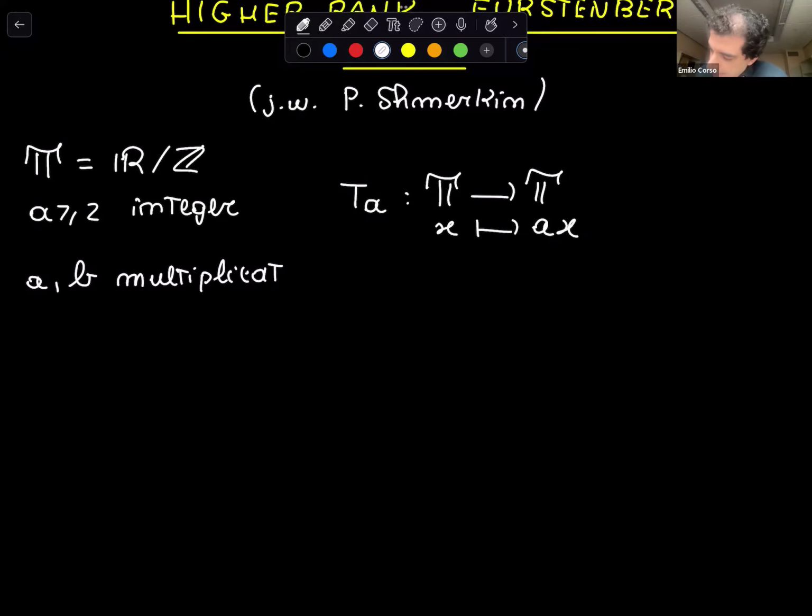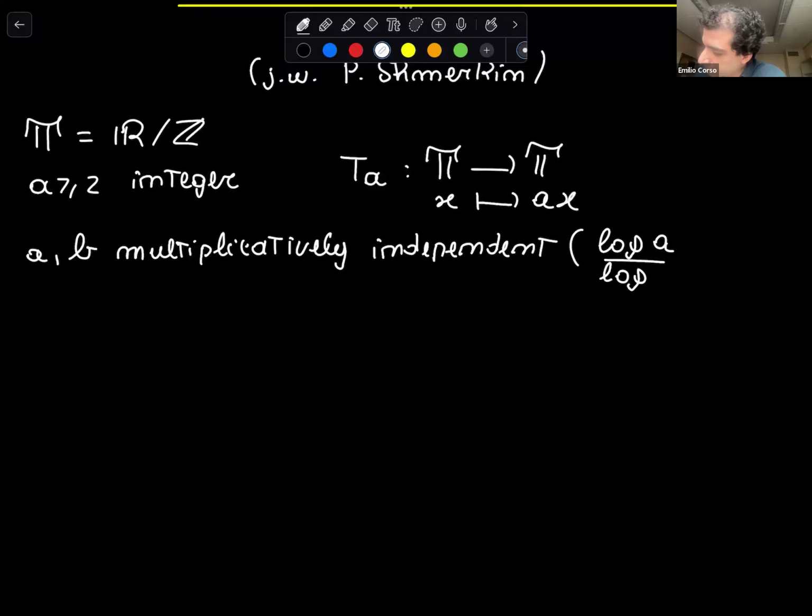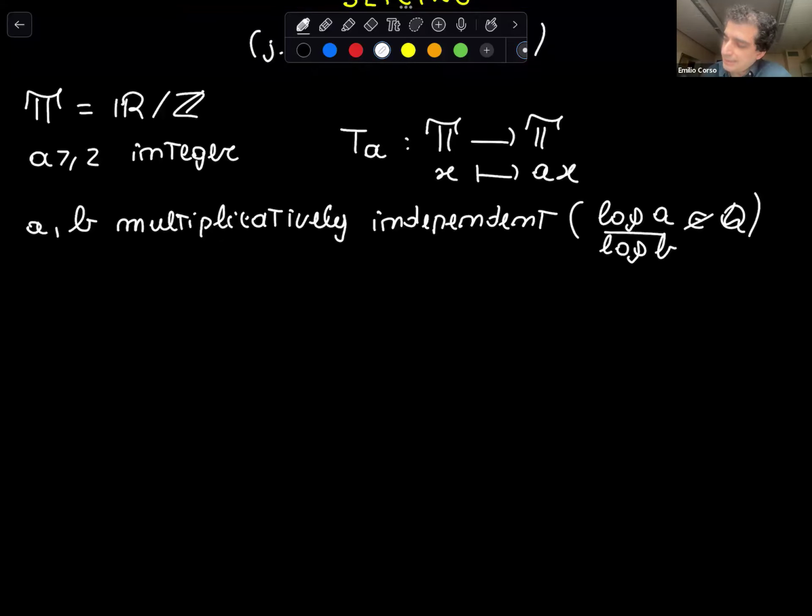That is, they're not powers of the same integer. The shortest way to formulate this condition is that the ratio of the logs is irrational. And let's consider closed invariant sets under times a and times b separately.